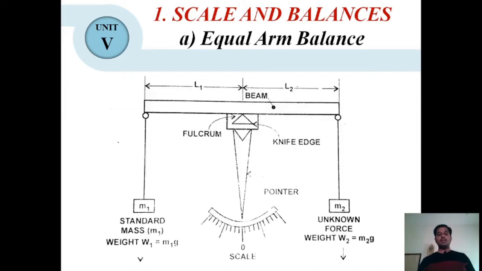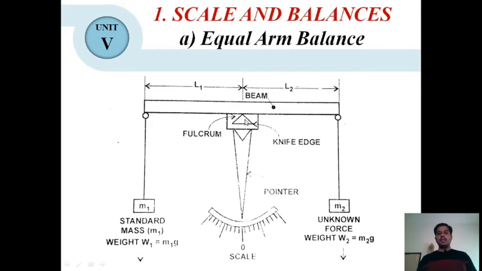We will see here. This is the beam which is pivoted at the center and it is placed on a knife edge fulcrum, and the distance of the beam with respect to the fulcrum is equal on either side.